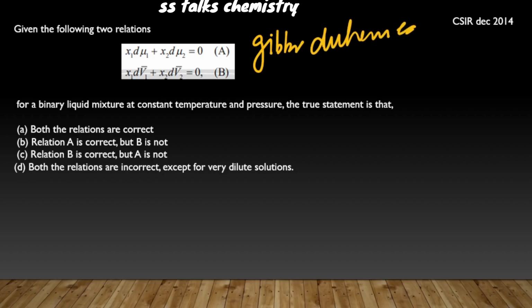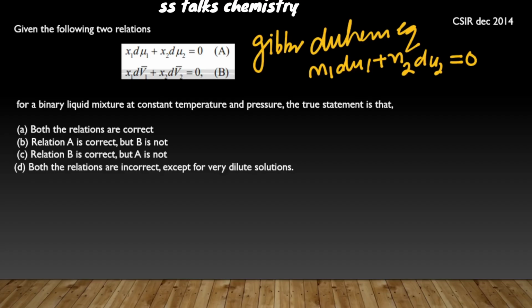The Gibbs-Duhem equation describes what the change is when you add a certain component, say n1 moles of the ith component. So what is the change in the chemical potential? We write it as n1 d mu1 plus n2 d mu2 equal to 0. If we write it in terms of the number of moles, we can write it in terms of mole fraction also, because both have just been divided by the total number of moles.